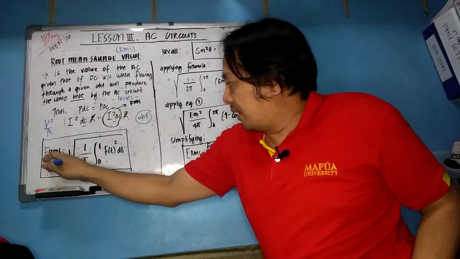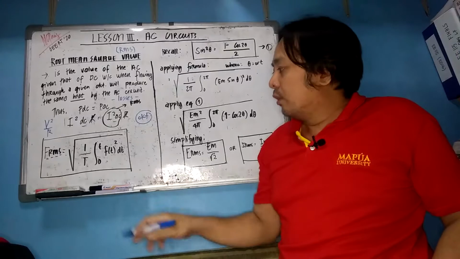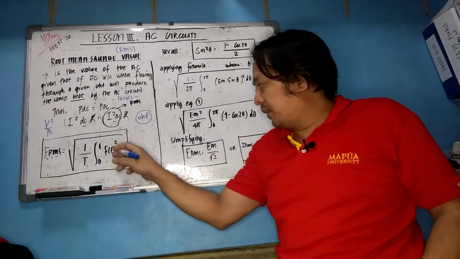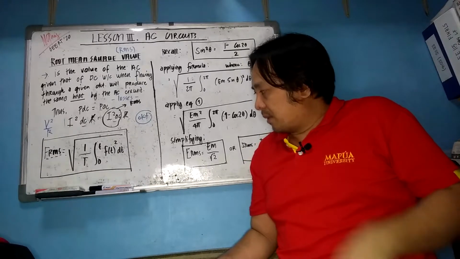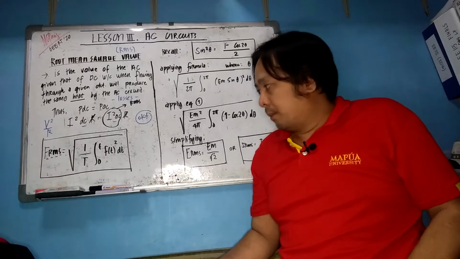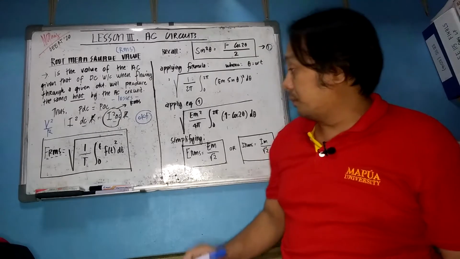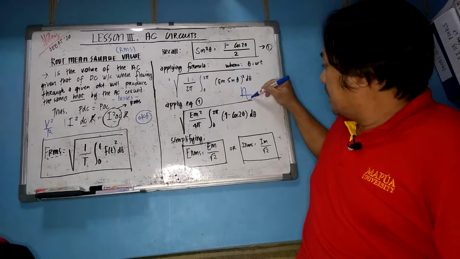So in terms of function, the root mean square, Rm, is simply equal to the square root of 1 all over T, integral from 0 to T of f(t) squared dt. So again, you will have a hard time memorizing this, but there's a shortcut that I can share with you. For example, your signal is an AC circuit.